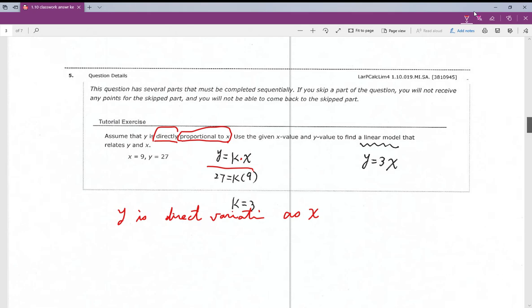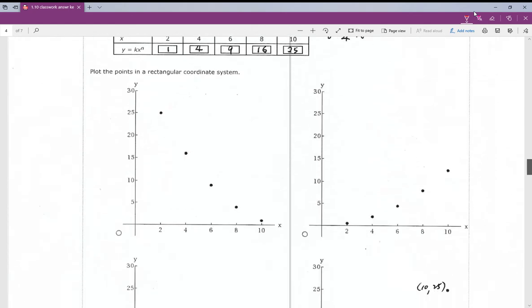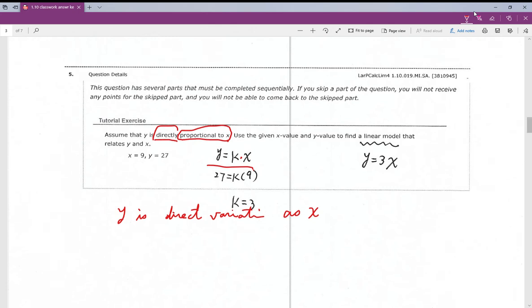And when we talk about inverse variation, like the next one, oh, not the next one. Where is the next one? Okay, not here. If you have an inverse variation, then this x will be on the denominator. So in number 5, they didn't really give you the function or equation or formula, but they give you the name of the formula.